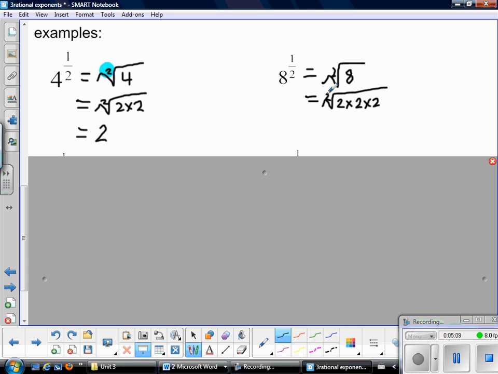So I need two identical things in order for it to come out. And you can see the two identical things I have here are 1, 2. So I have two 2's, so those are going to come out. But if you notice, I have nothing to match with this last 2, the third 2. So it has to stay there. Okay, so the last 2 has to stay underneath the root sign.